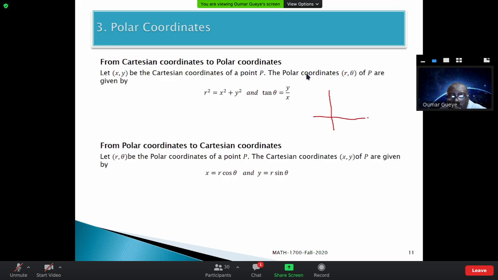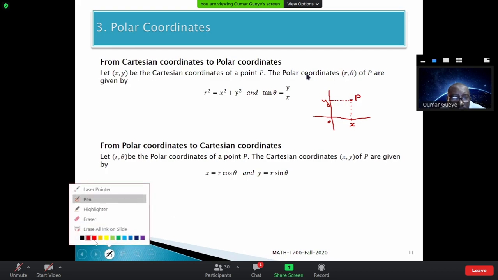You guys can see it here. Let's say your point is already here in terms of X and Y. This is your point P. In terms of X, this is going to be the value of X, and this is the value of Y. In polar, we suppose X and Y are known, and we want to get R and theta.